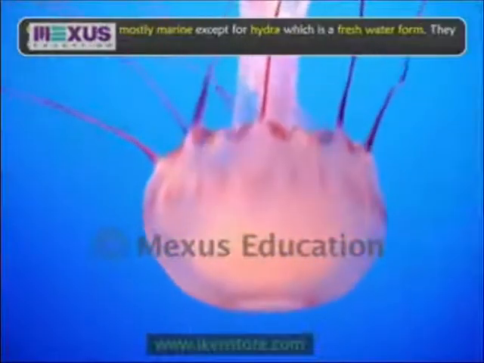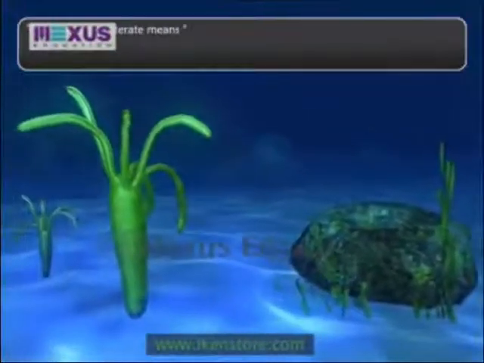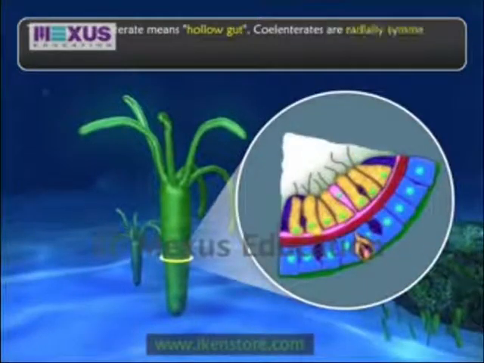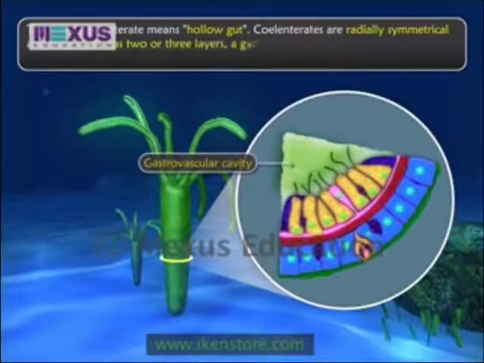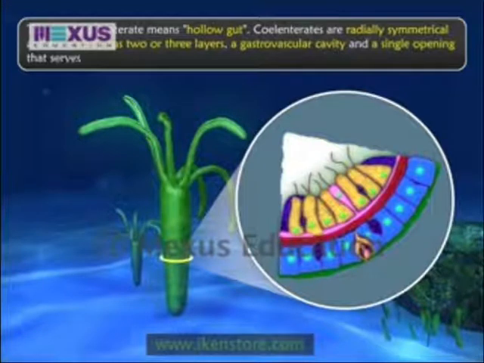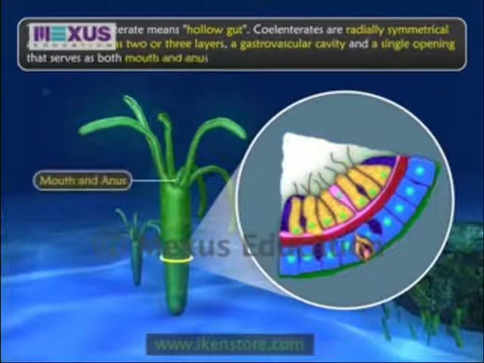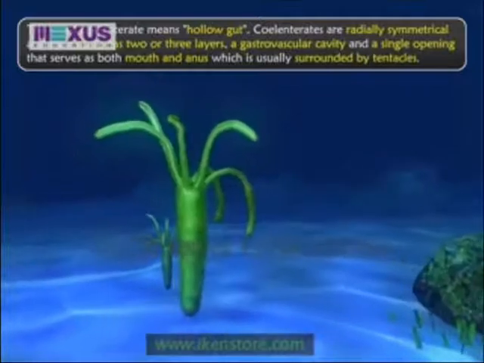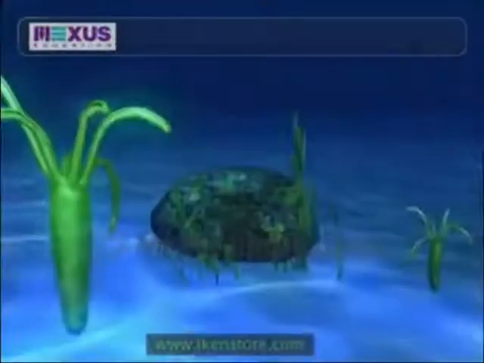Only hydra is freshwater, all others you will get in marine water. Free swimming with the help of tentacles. They have a hollow gut and are radially symmetrical, with 2 or 3 body layers, a gastrovascular cavity and a single opening that serves as mouth and anus, surrounded by tentacles.